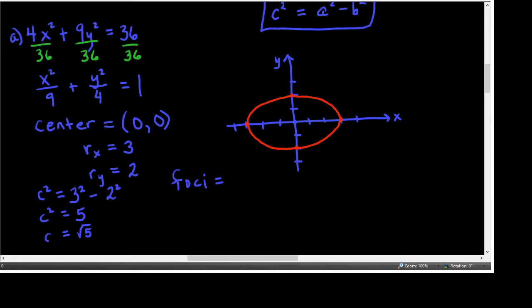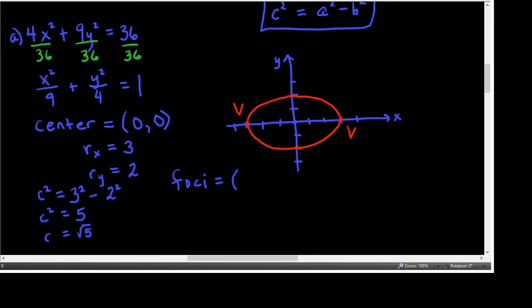So since we went further in the x direction, that means that the vertices are actually out here to the right and left. So here's a vertex and here's a vertex, which you don't need to label that way. I'm just showing you that the longer distance takes you to the vertices. And what that means is that the foci are found by going in the same direction. So when you go from the center left and right to get there, you're going to be changing only the x coordinates, not the y coordinates.